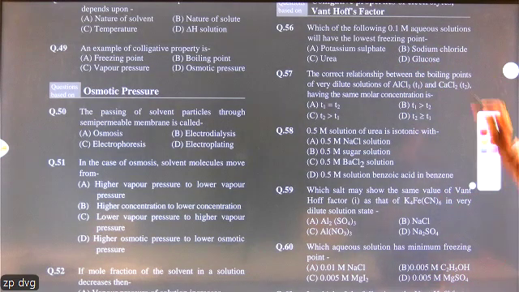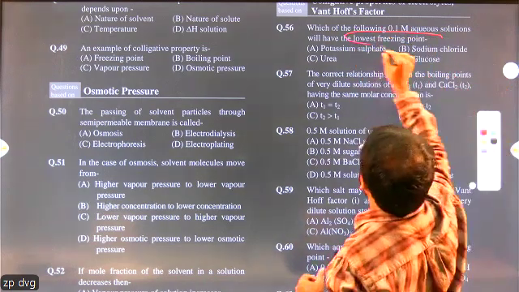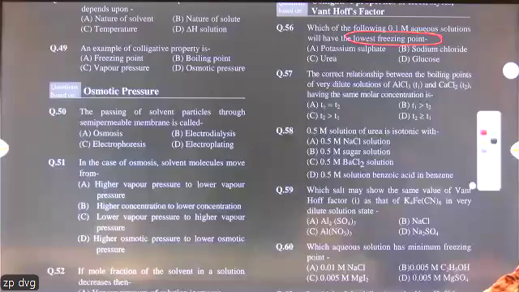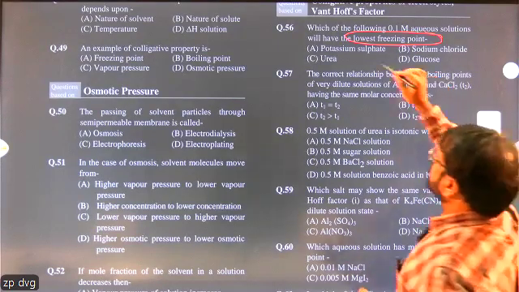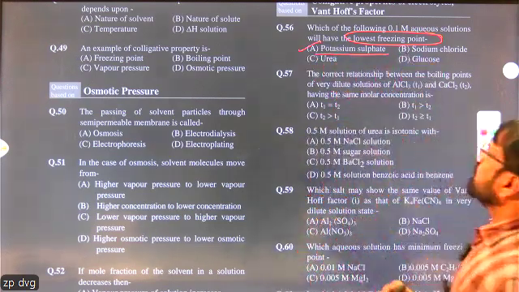Which of the following 0.1 molar aqueous solutions will have the lowest freezing point? The correct answer is potassium sulfate.